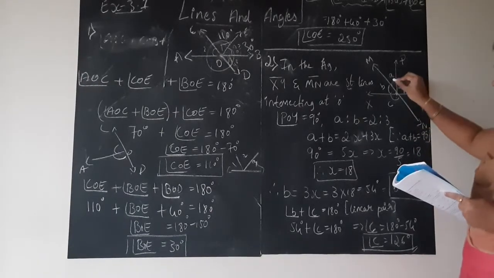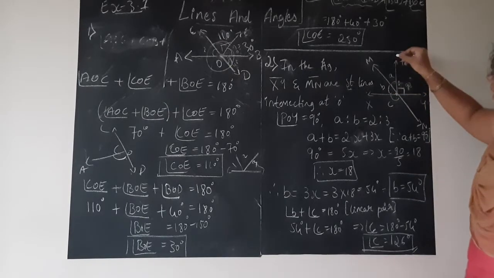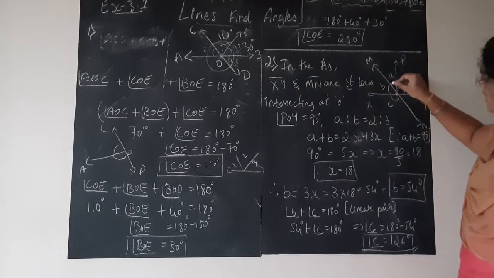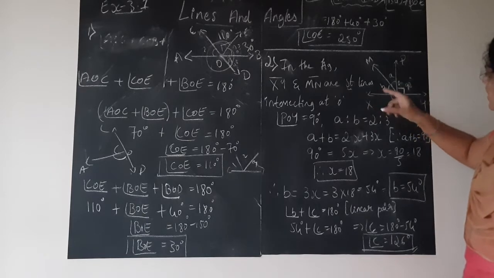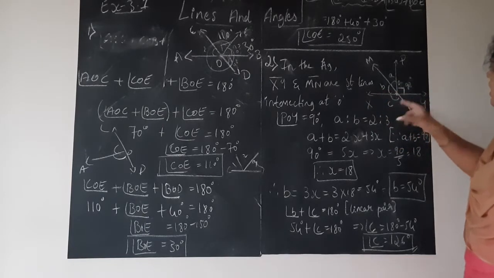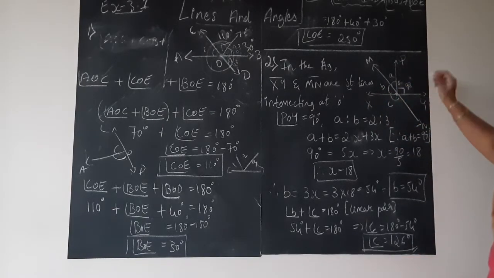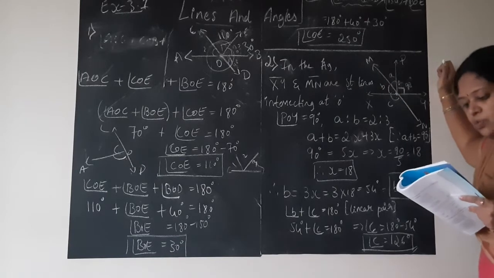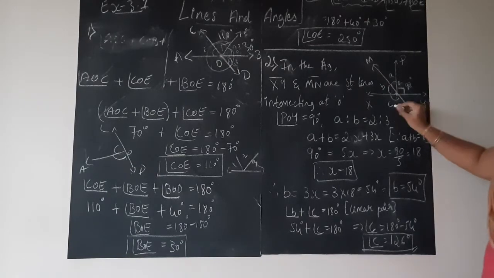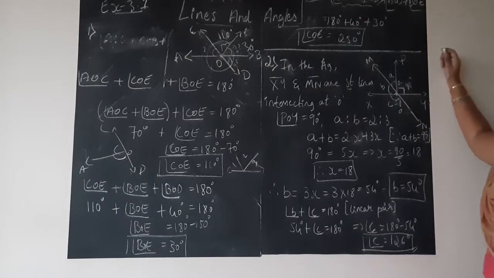They have labeled angle POM as angle A, angle MOX as angle B, and angle XON as angle C, and angle POY is 90 degrees. They have also given the ratio of angle A to B as 2:3. Find out angle C. How much is the value of C?